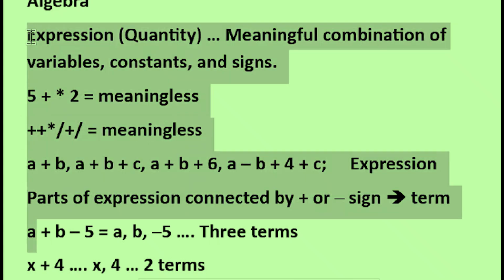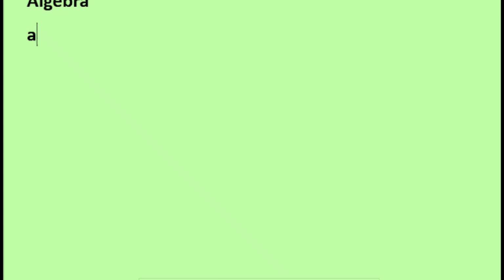But if it is a into b into c, now this is only one term because they are not connected by plus or minus. Only plus and minus count. Multiplication and division are not counted. So it is only one term, not three terms. Only if it is connected by plus or minus, then it will be three terms.